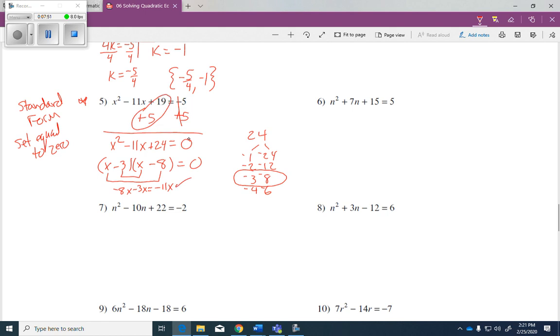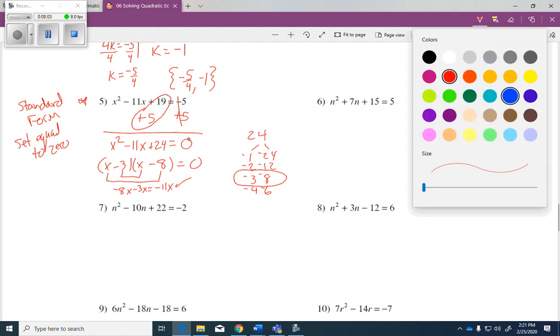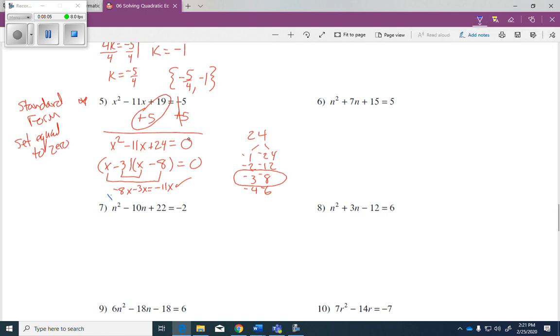So now this is set up as the product of two factors equaling 0, which means that maybe x minus 3 equals 0, or x minus 8 equals 0.